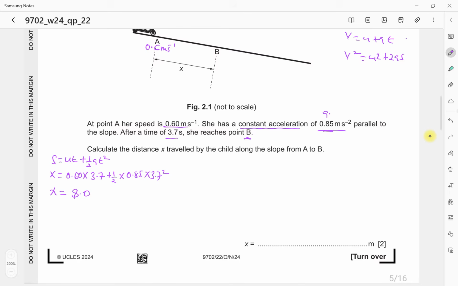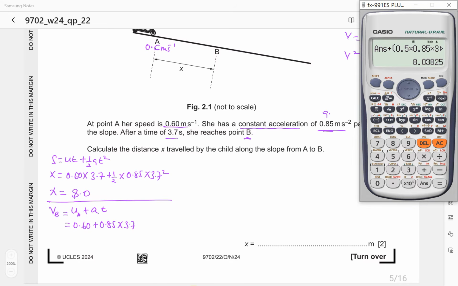That's method number one. Let me try method number two. I may first find the speed at B. The speed at B is going to be the speed at A plus the acceleration times the time between A and B. So this is 0.60 plus 0.85 times 3.7.